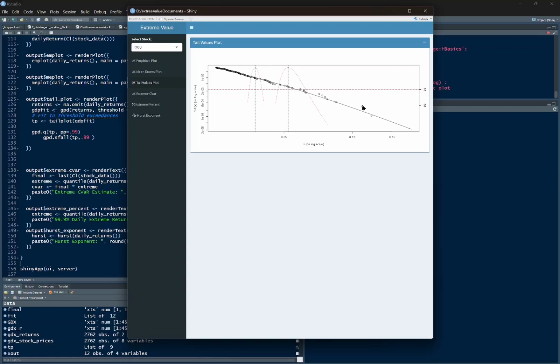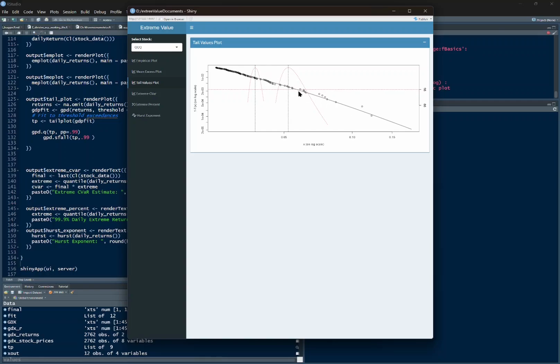A few there, not many. Or insufficient data. These are actually outliers, extreme events. You can see that there was about a 12.5%, 13% event there and about a 11% event there.